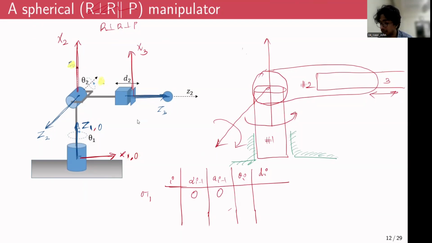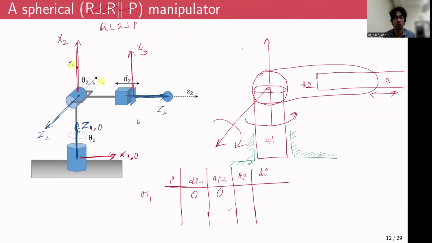But since the first joint is a revolute joint, maybe at some other orientation or some other configuration, x1 and x0 could be off at an angle, right? Maybe at some other orientation, x1 could be like this, x1 could be like this, it could be anywhere along this horizontal circle, because the first frame, x1, z1, is attached to the first link that is free to rotate. But the 0th axis is always fixed to the ground.